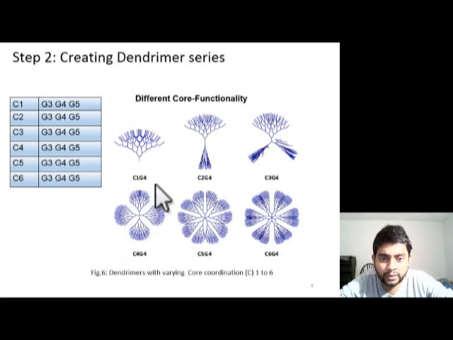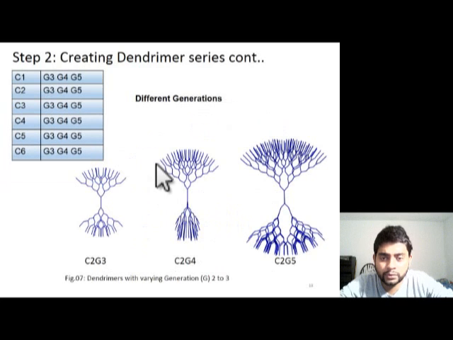We create different co-ordinations. That means how many branches occur from the core, and you can see C1 means one branch begins from the middle molecule, and C2 likewise, C2, C3, C4, C5 and C6. And also we create different generations, G3 to G5.